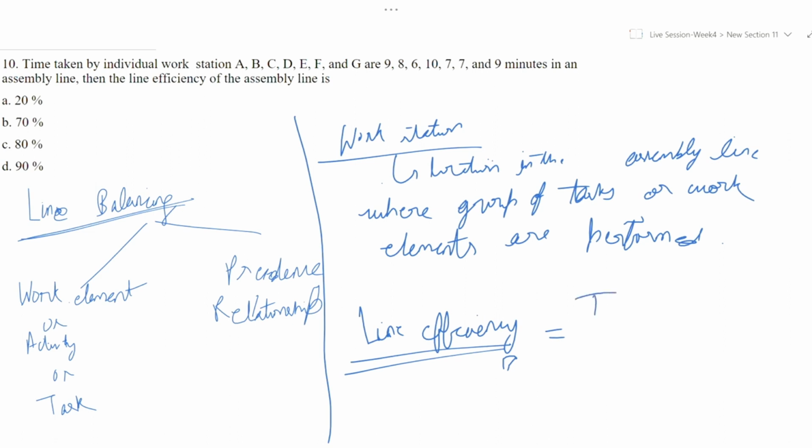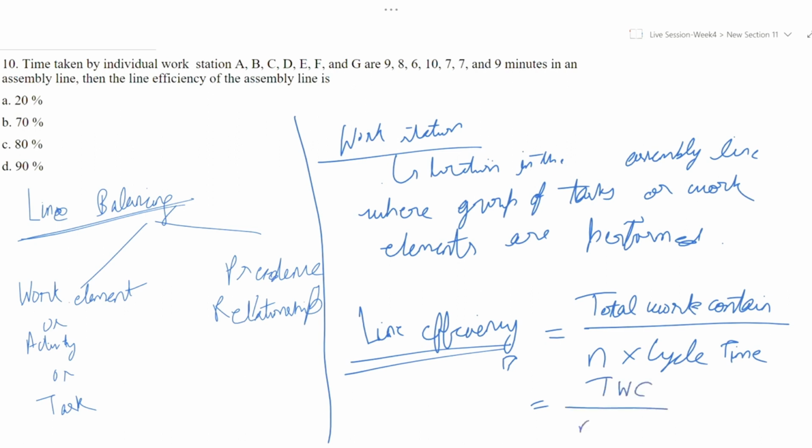Total work contained by n into cycle time. So we will give the abbreviation for this. This is TWC by n into T subscript C.